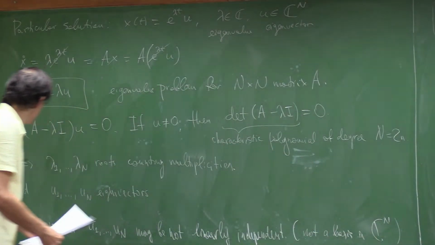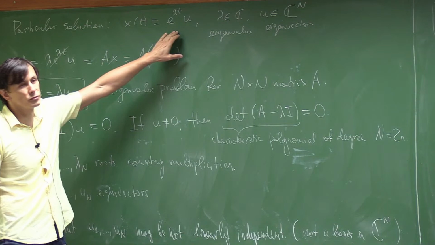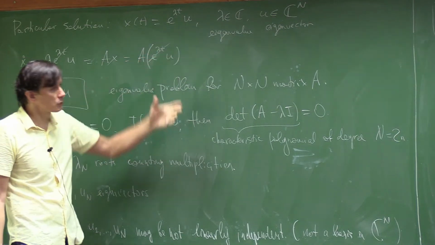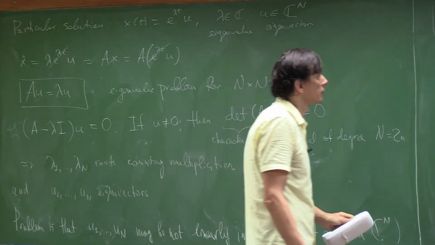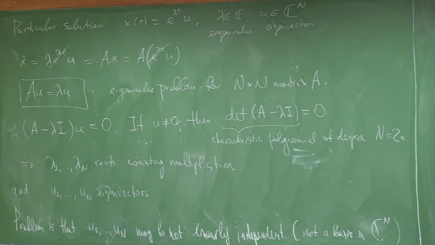In general, for an arbitrary matrix A, you do not guarantee that you can form a linearly independent set of vectors. We will see an example. And if you don't have a linearly independent set of vectors, then surely by these solutions you cannot form a general solution, because you cannot satisfy an arbitrary initial condition. So what then do you do?